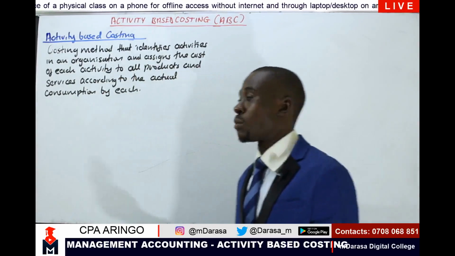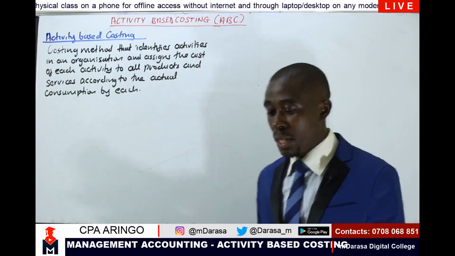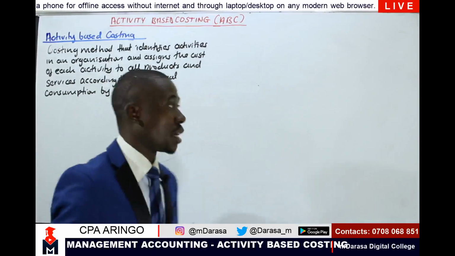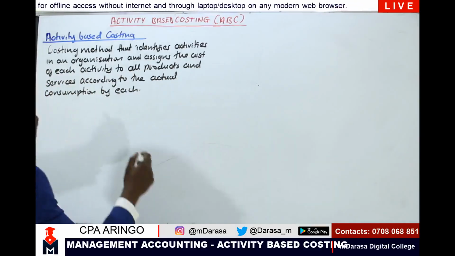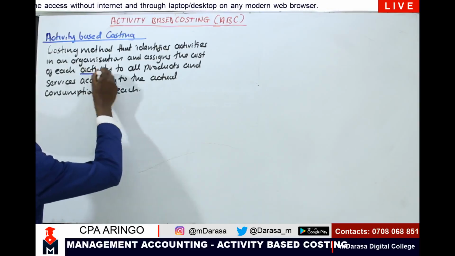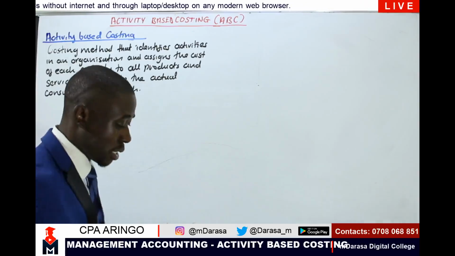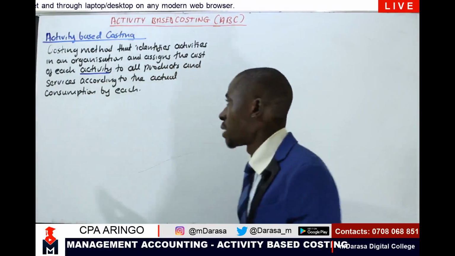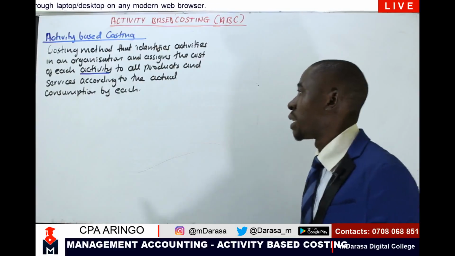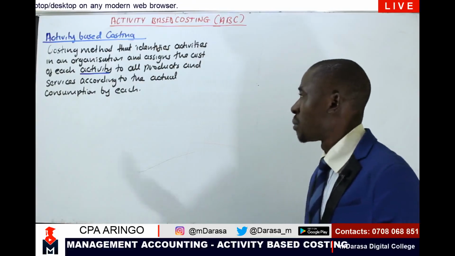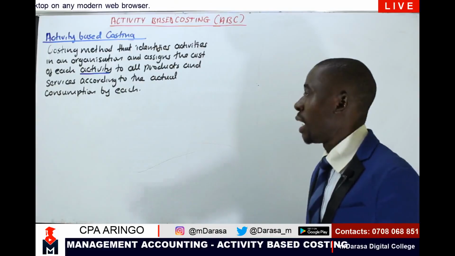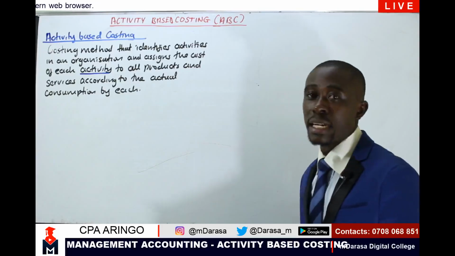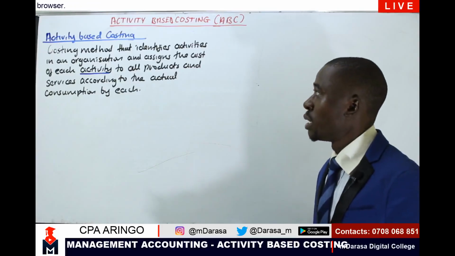So the keyword here, whenever we are looking at activity-based costing, the main purpose is to identify the activities of all the products. We'll look at activities deeply later on. Ideally, we'll be looking at such as machining, probably material handling. All these are part of the activities that we are talking about.